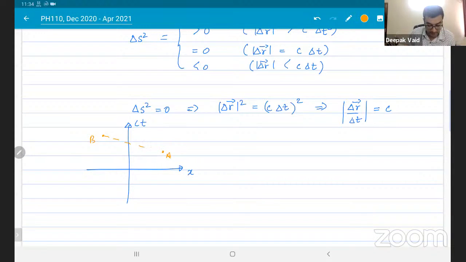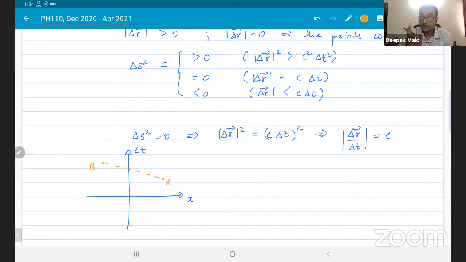I'm calculating the distance between these two points, right? And this distance is 0, right? That's the interesting thing. The points don't coincide, but the distance between them is 0.